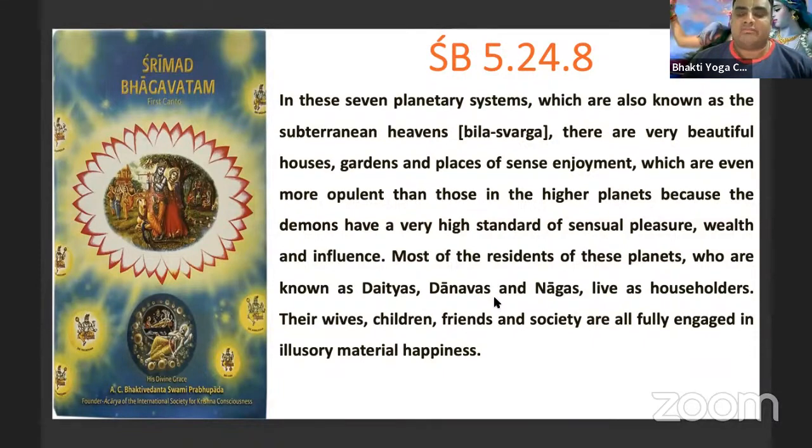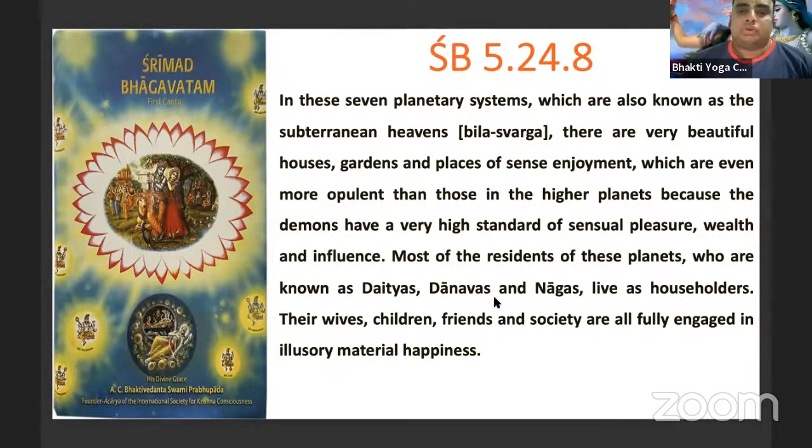One is material opulence, another is spiritual opulence. What truly matters is how much spiritual opulence we can accumulate during our lifetime, because material opulence is temporary, and it will only ensure that we are caught within this material universe forever.